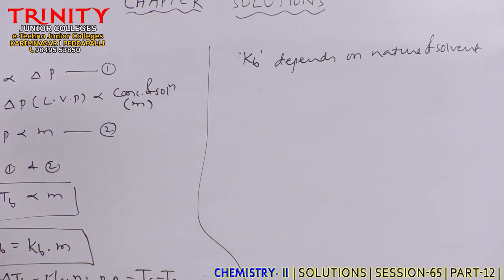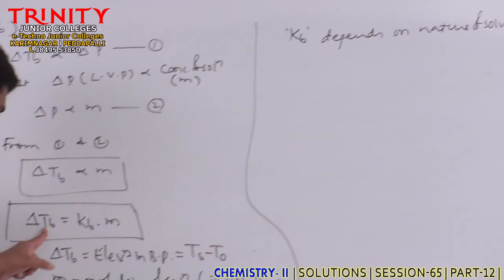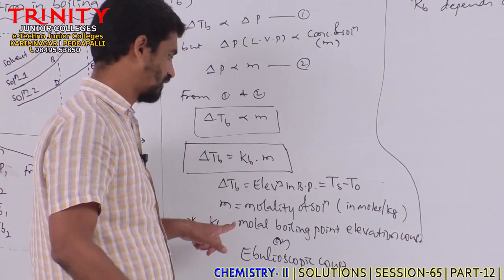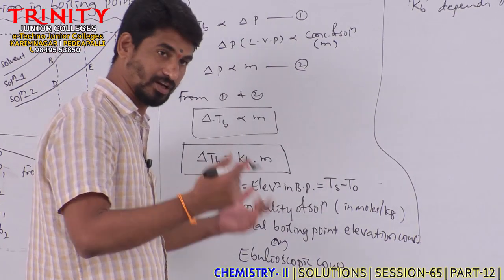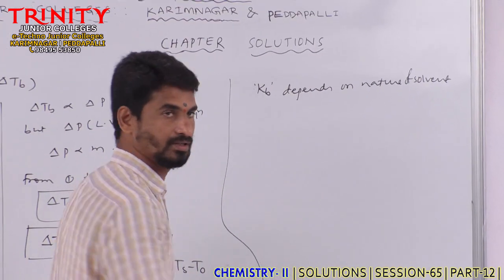So finally, what did we get? Delta TB equals Kb into molality, where delta TB is the elevation in boiling point, and Kb is the molal elevation constant or ebullioscopic constant. Kb value depends on nature of solvent.